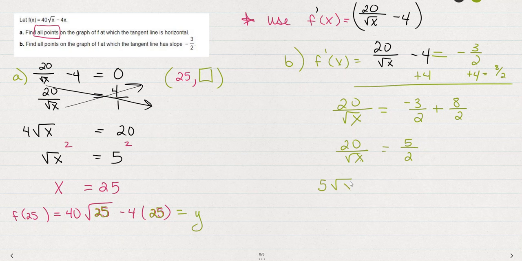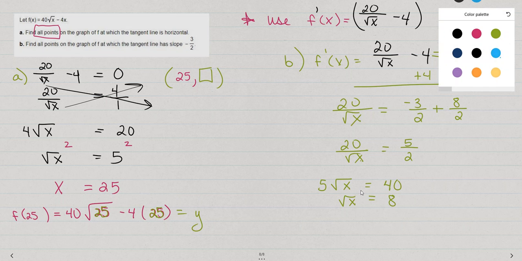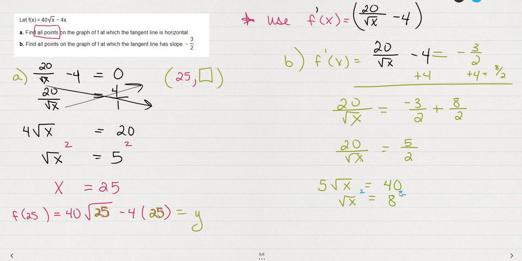So 5 square root of x equals 2 times 20, divide by 5. 40 divided by 5 is 8. And I get that this square root of x is 8. How do you solve for x when we've got a square root? You square both sides. So the square root of x squared is x equals 8 squared, or 64.